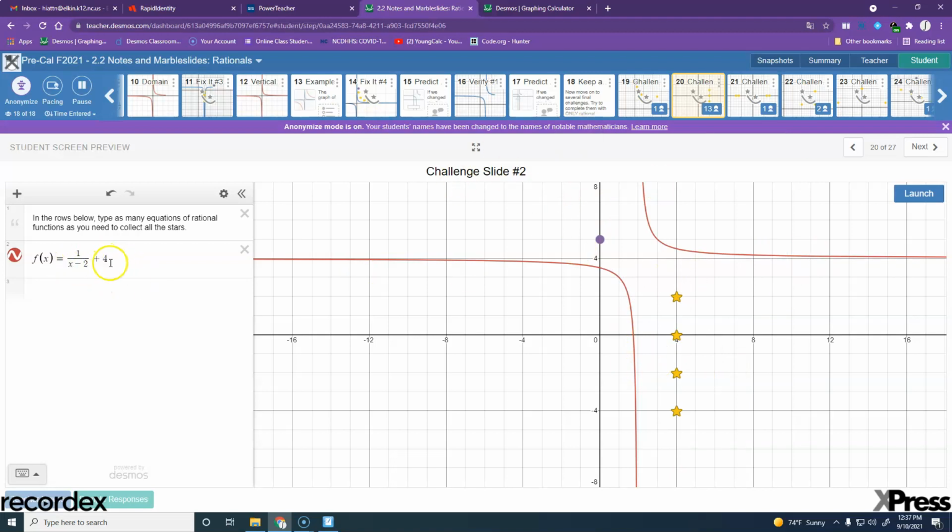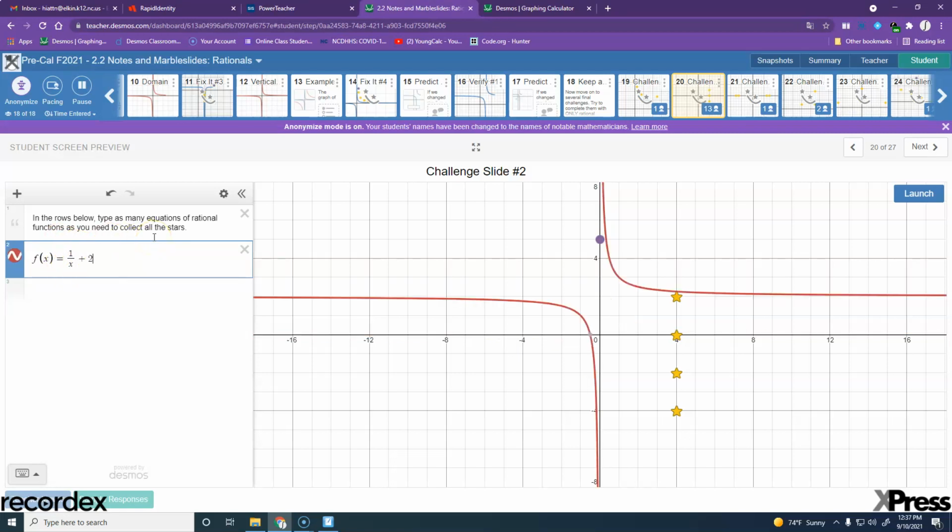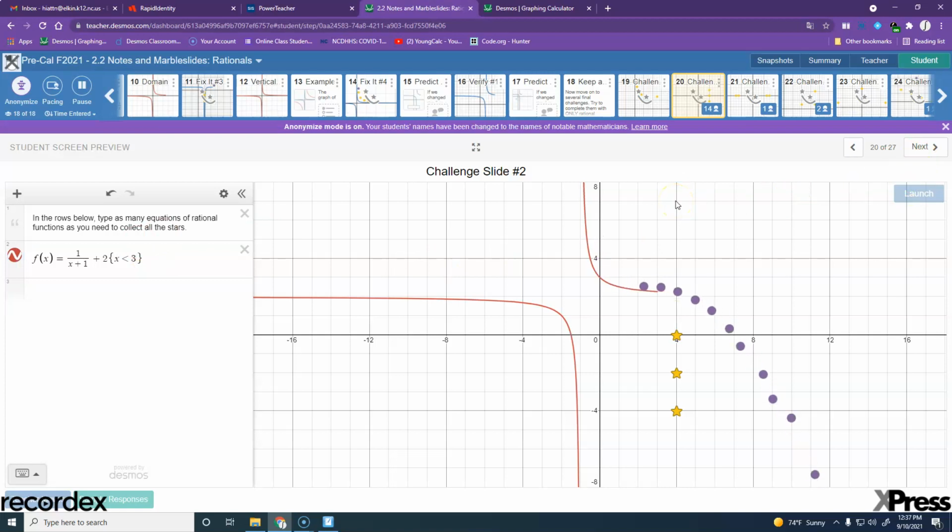You could go back to 1 over x. I could probably do something like this, move it up 2 and to the left 1. No, that's not left. Left 1. And then I could stop my domain. X is less than 4. Probably not 4, probably 3. And then, it's not working. But I could maybe do another. You can add more than 1.